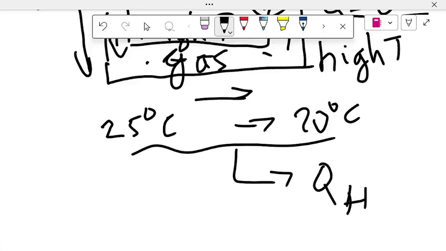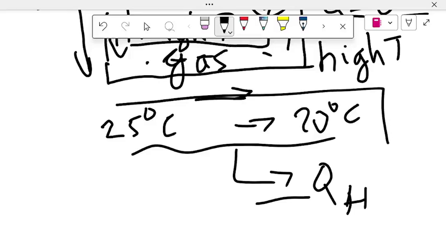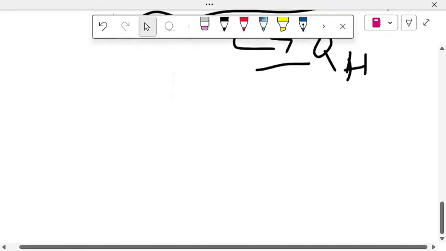It's not possible to extract heat without variation of this temperature. So they say we can approximate this with this cycle.